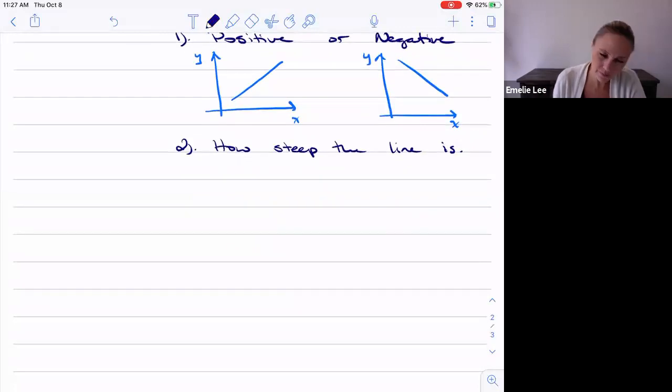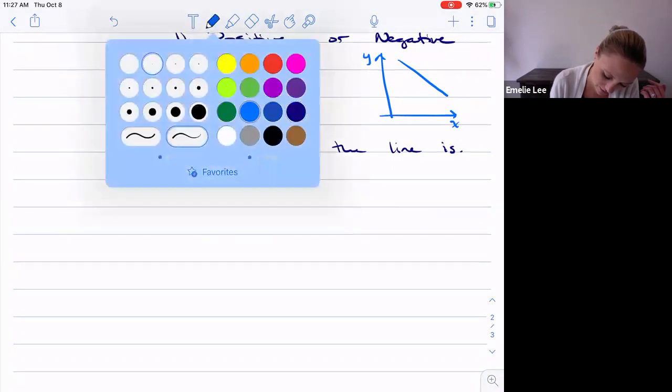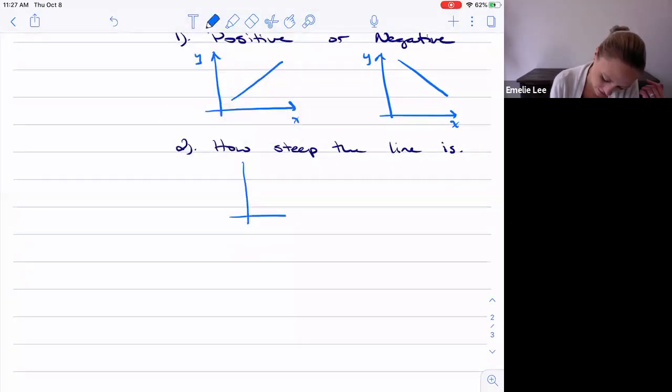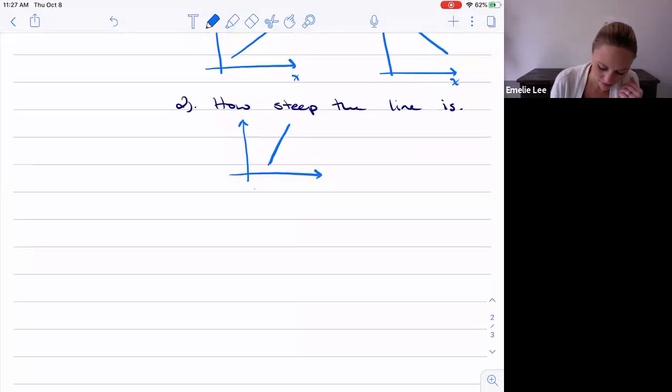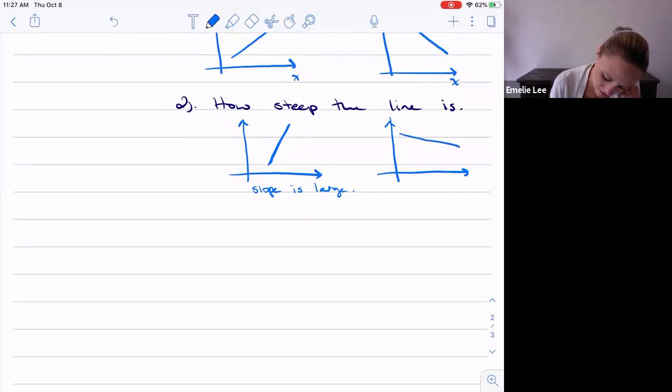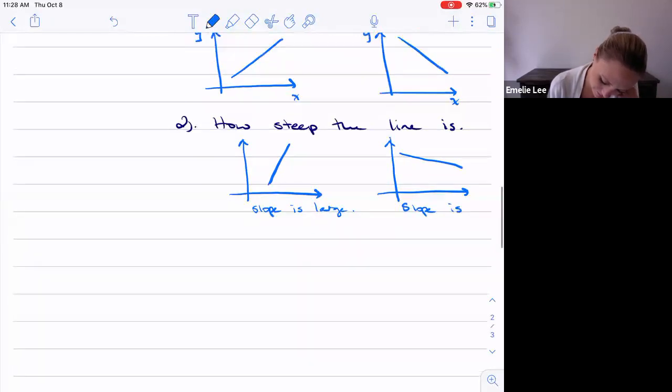So if you have a really steep line, then you might have something like this. Right here, the slope is large. Or you might have something like this, where the slope is small. Right?